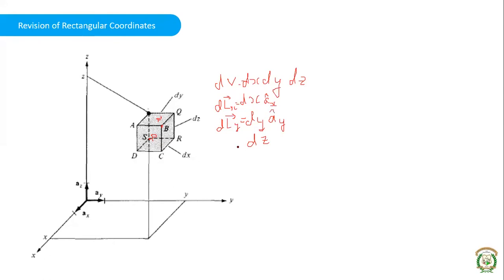And in the z direction, you can write this as the vector dlz, that is dz az. So these are the different lengths in different directions.